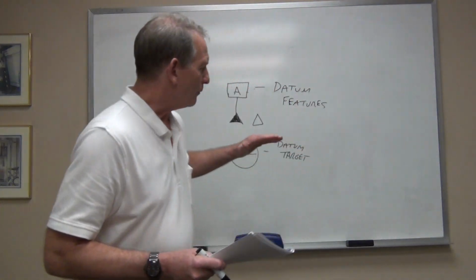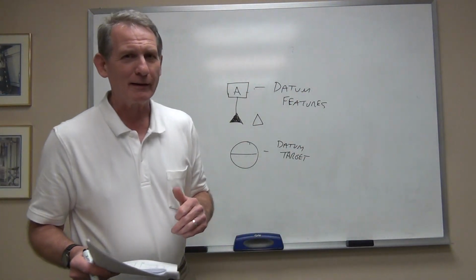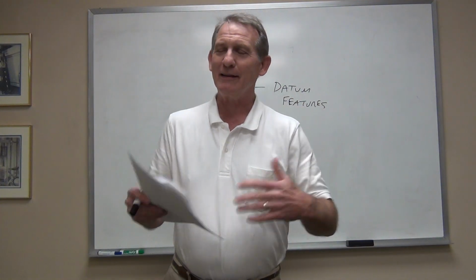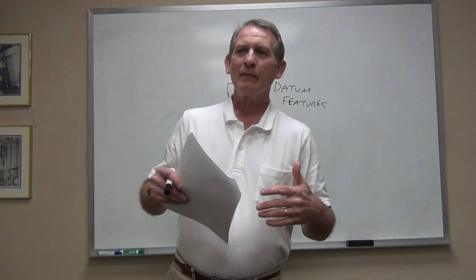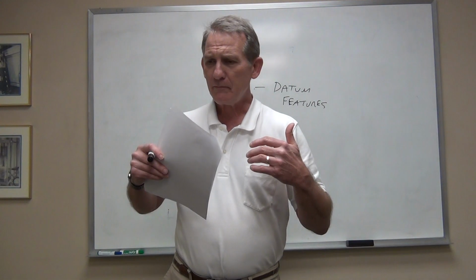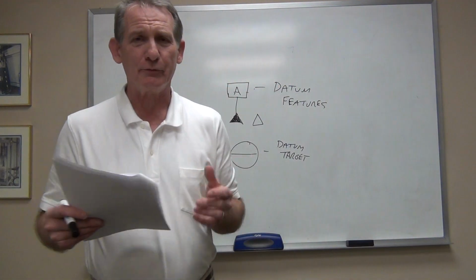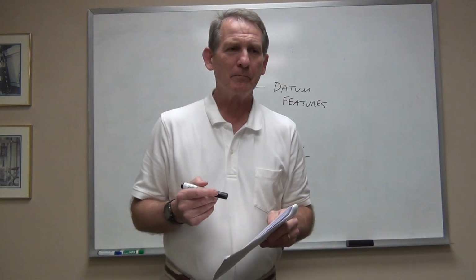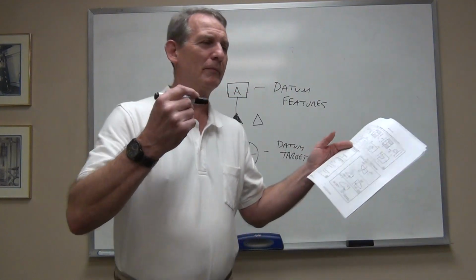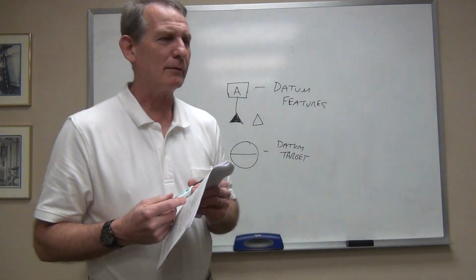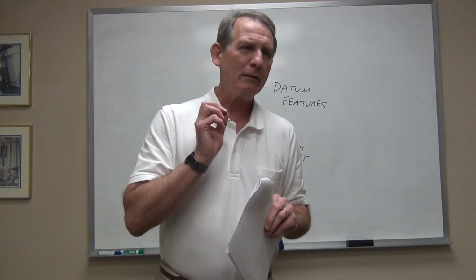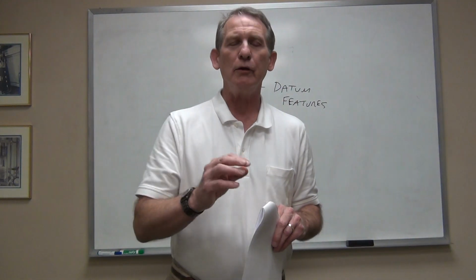Now, what's a datum target then? A datum target is that thing that isn't like that. There are components that don't have a lot of features on them. I'll use the example from the book. The book shows a car hood.